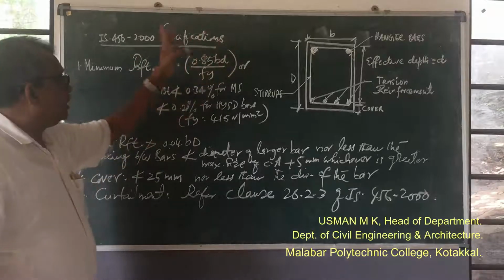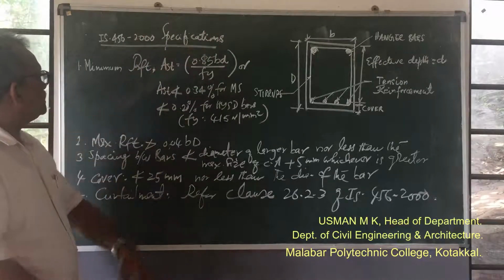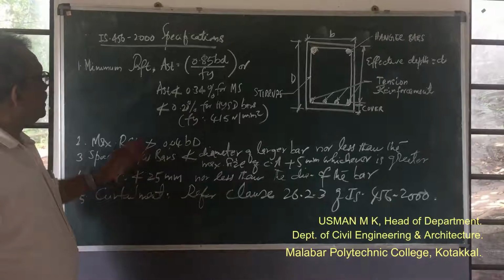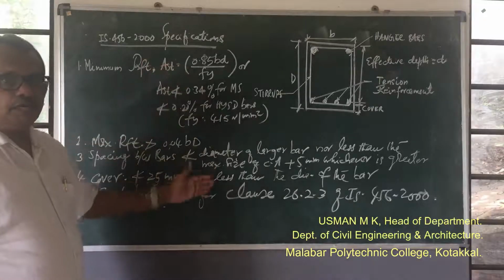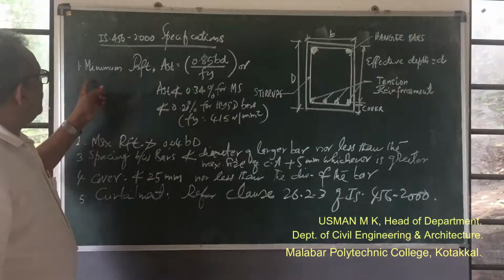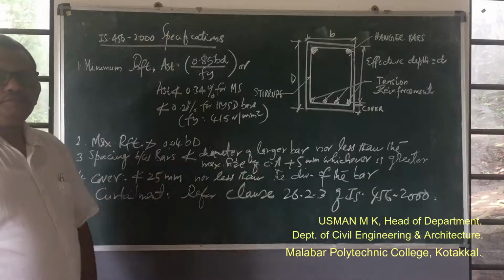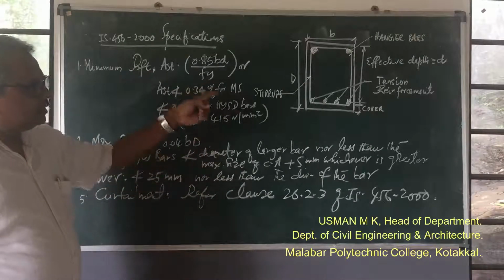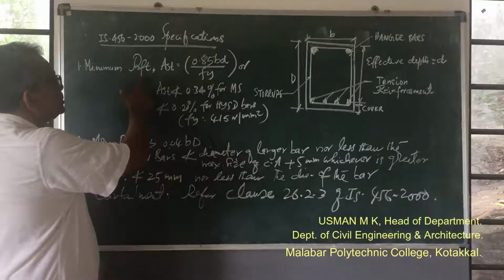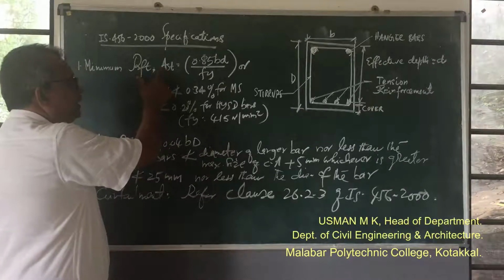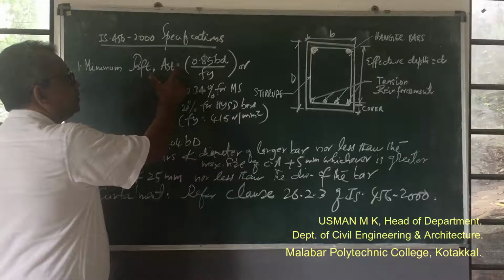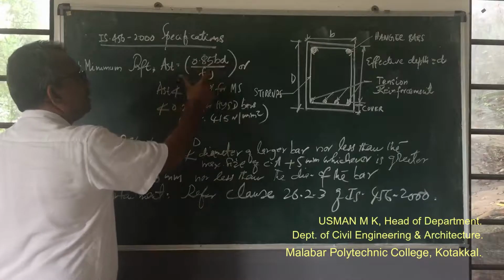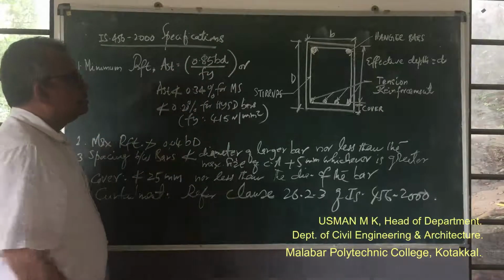As per the code IS 456-2000 specifications, what are the values we have to take? Minimum reinforcement. When we design a singly reinforced beam, minimum reinforcement Ast, what is Ast? Area of steel is equal to 0.85 bd by fy.